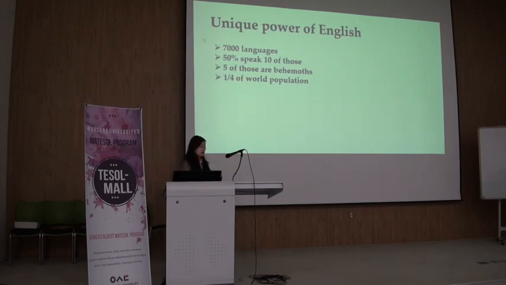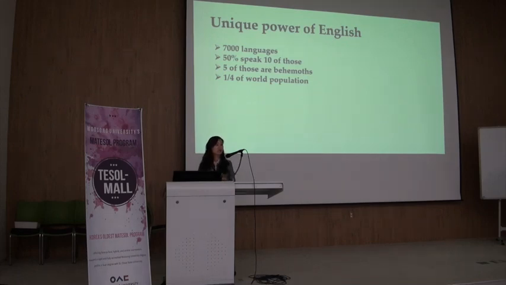Next, I want to talk about the unique power of English. There are more than 7,000 languages in the world, and 50% of the world population speak only 10 of those. Among those 10, 5 are behemoths.